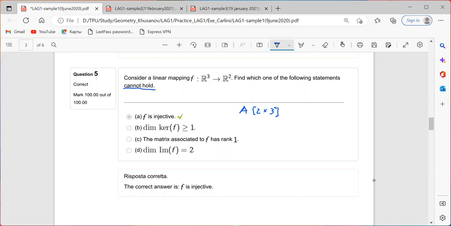And all properties of F will be the same as properties of the corresponding matrix. What will be the matrix of this map in this situation? If we have a map from R3 to R2, then this matrix will be of size 2 by 3. 2 by 3 means 2 rows and 3 columns.